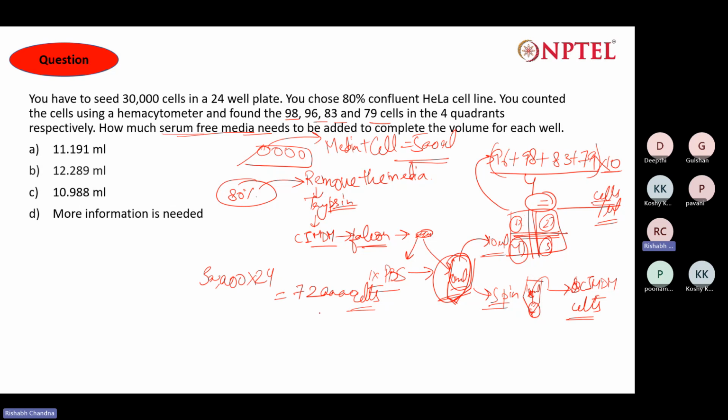Now we have to have this many cells. So if we divide by the number of cells that we got from this scenario, for example, we got M cells here, we'll divide this by M. From this, we'll get the volume V microliter that we have to add in the cell suspension.